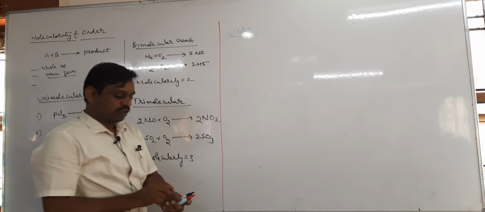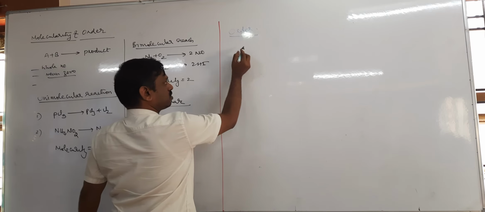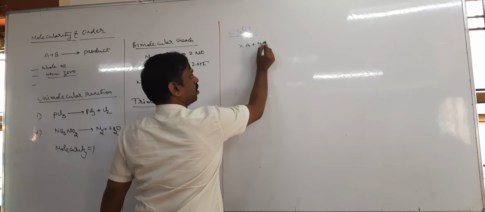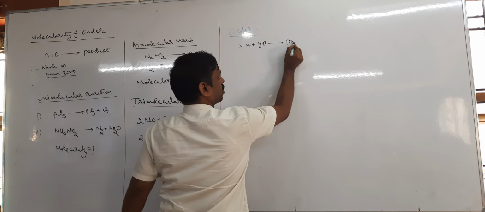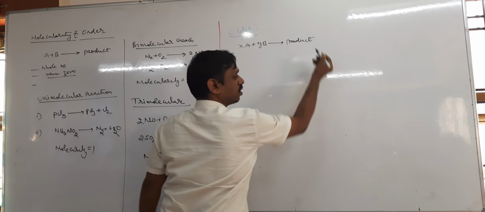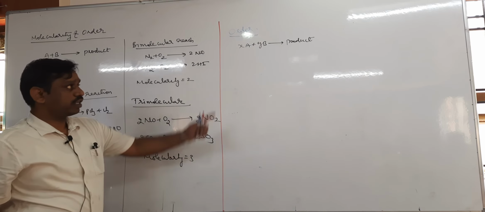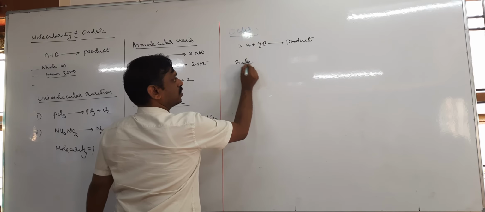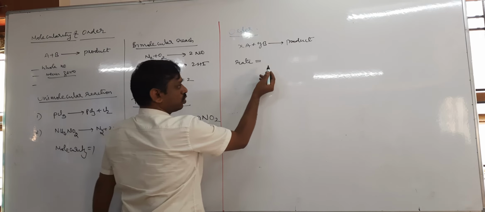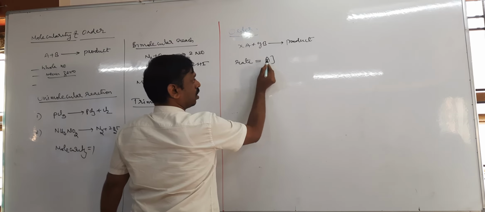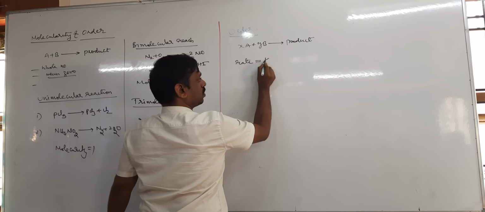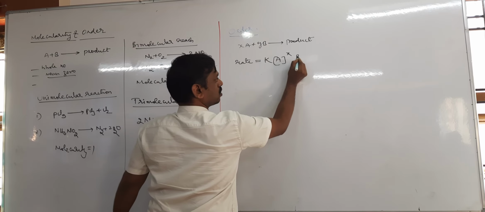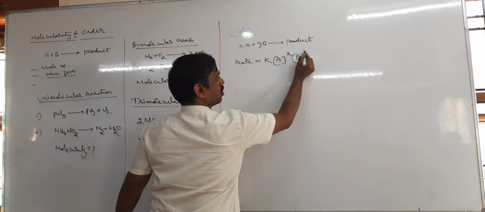What is the definition of order? Let us take a reaction xA plus yB gives rise to product. Consider this reaction and tell me what the rate law is. According to the rate law, rate equals K, the rate constant, into [A] power x [B] power y.